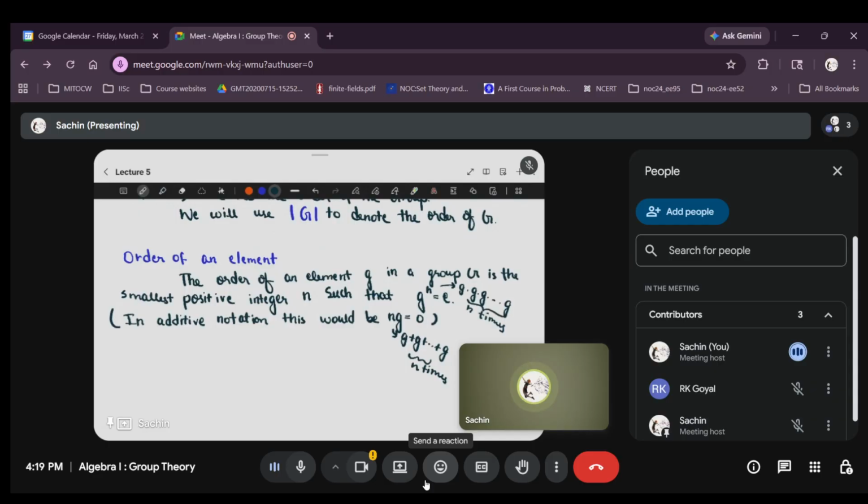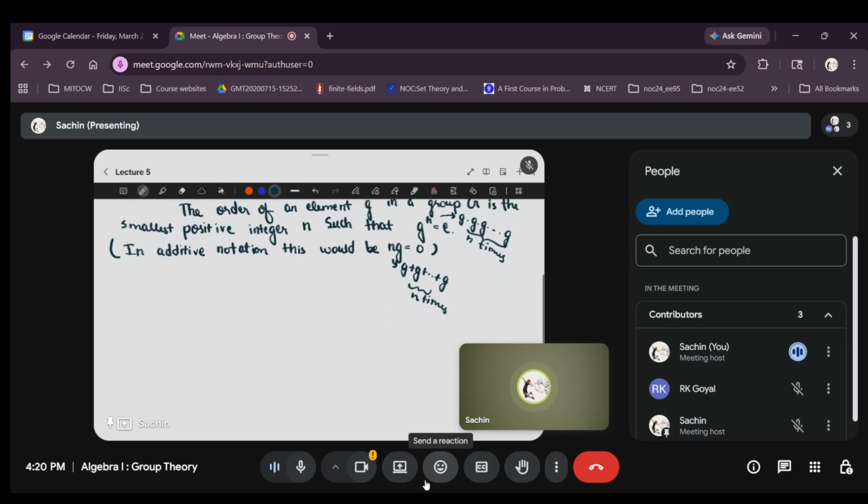So n times, if you do the operation with g as the element each time, or actually, you do the operation n minus 1 times with g as the operand each time, then you should get the identity. If such a number exists, that is called the order.